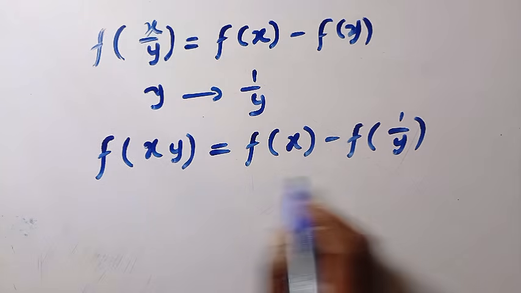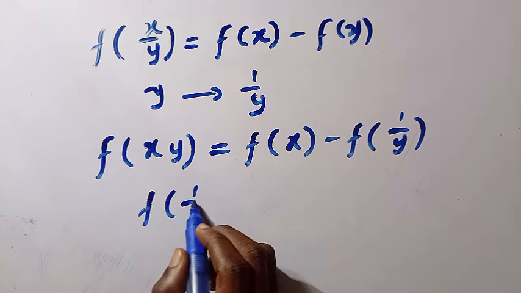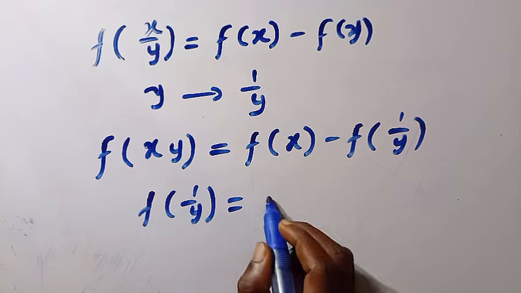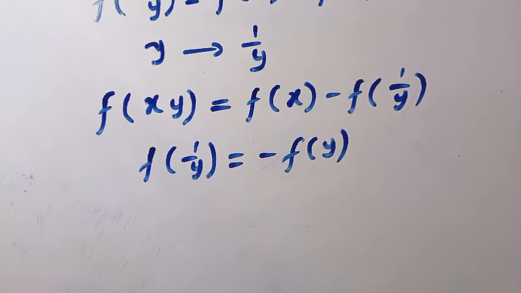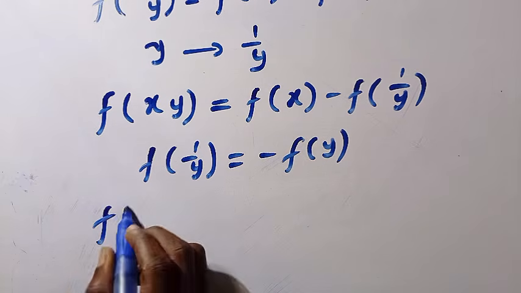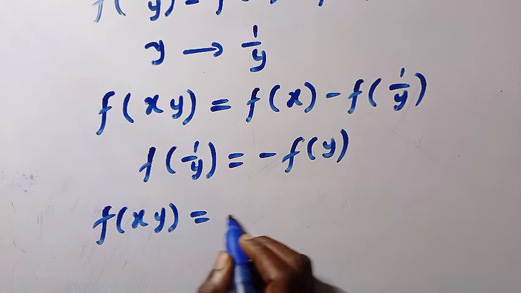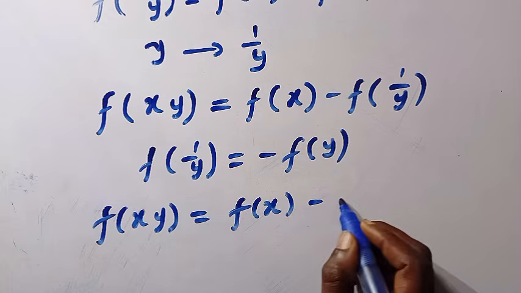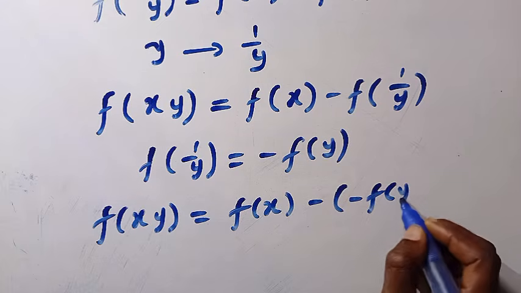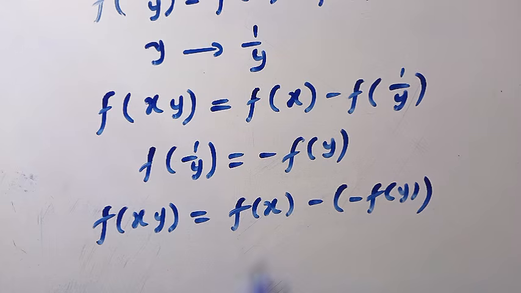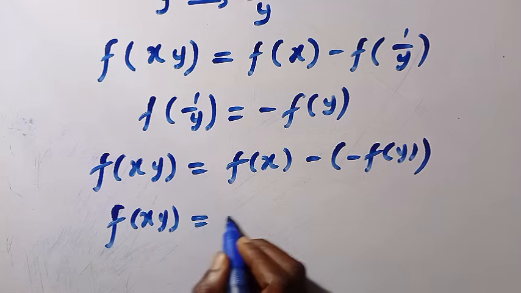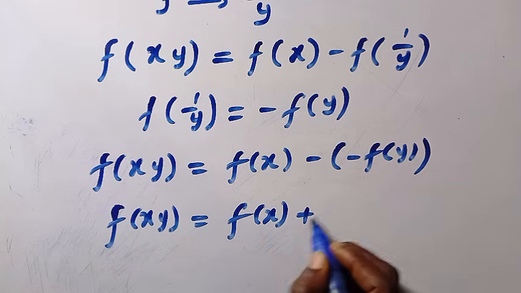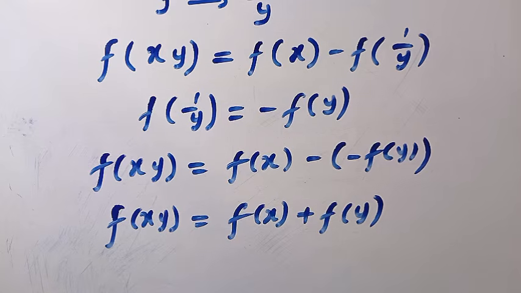But f of 1 divided by y is given as minus f of y, as proved above. Replacing it here, we have f of xy equals f of x minus minus f of y. If I multiply these two minus signs together, we get plus. Therefore, f of xy equals f of x plus f of y.